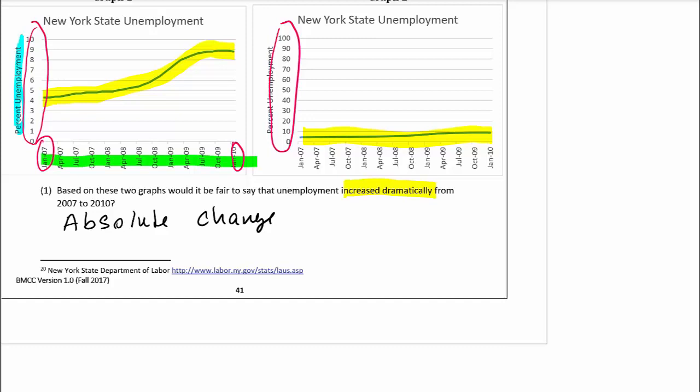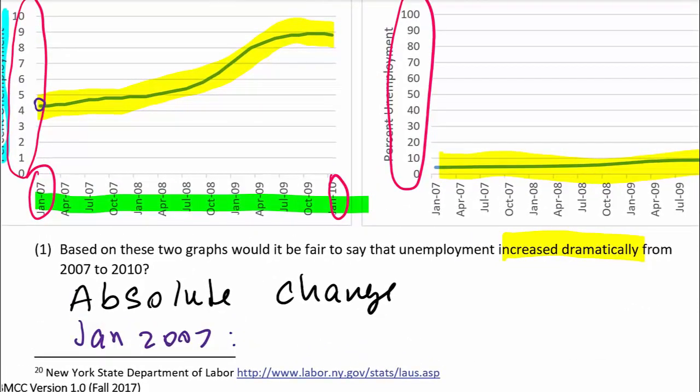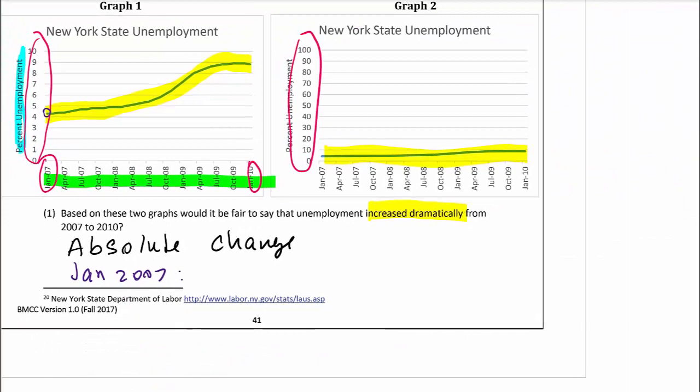All right, so we need to read the graph carefully. In January 2007, the number that we see is somewhere right here, right? If we zoom in a little bit, you see it's more than 4, but less than 4.5. So maybe like 4.2.